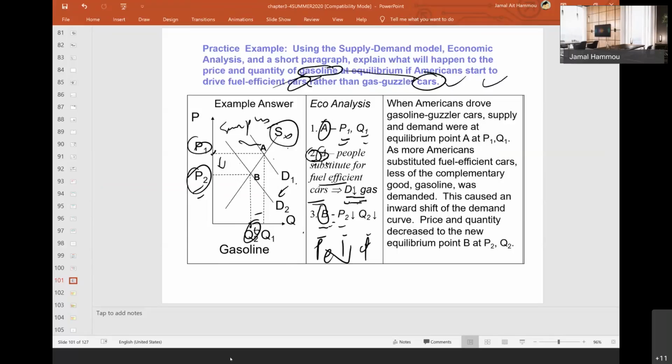So in the case where people switch from cars that consume a lot of gas to more efficient cars, like electric cars or hybrid cars, that's what we get in the market. And that's what happens also in today's economy. It's true that people are driving more efficient cars, so the price of gas will go down.